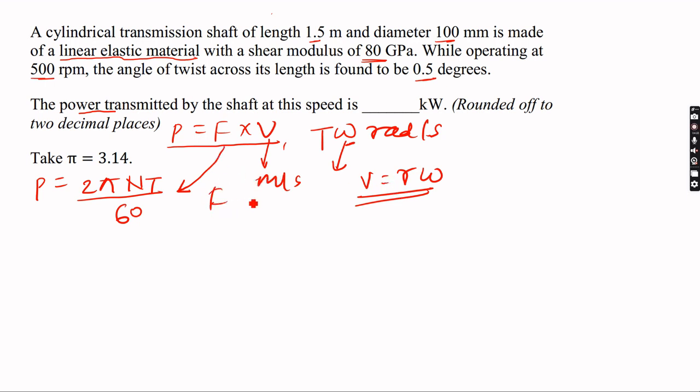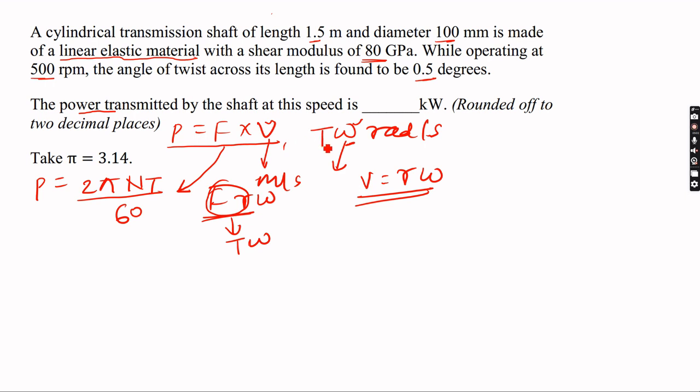So if you put this here, F into R into omega, what will happen? F into R is nothing but your torque. Everything I am writing in scalar; force and radius are vector quantities, but I am writing magnitudes. If you write R into omega properly, then the vector notation will come. So this F into R is nothing but your torque, and this is the omega.